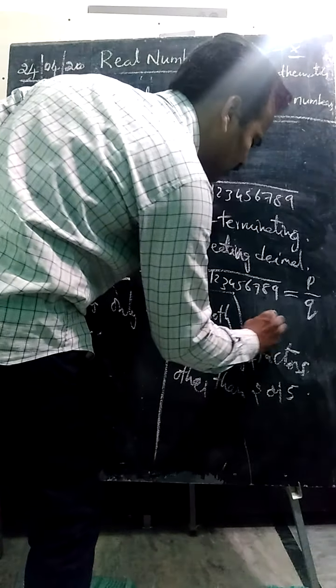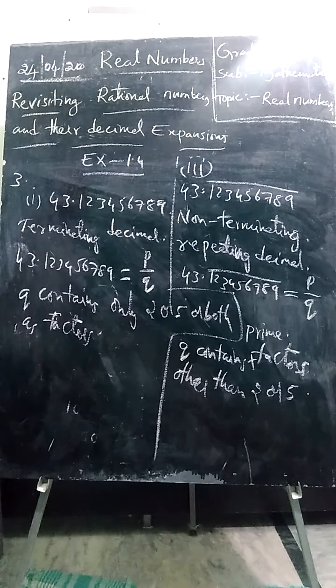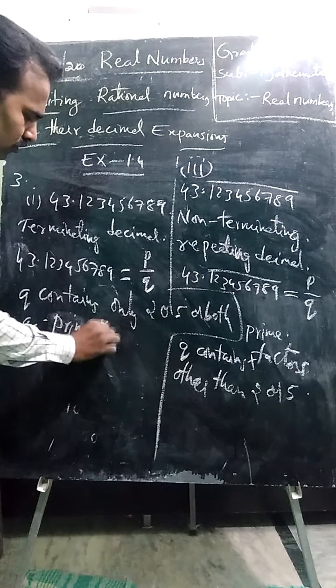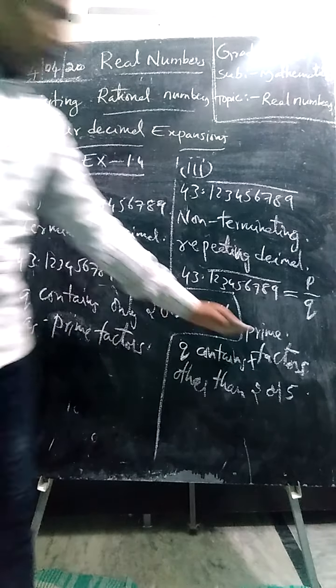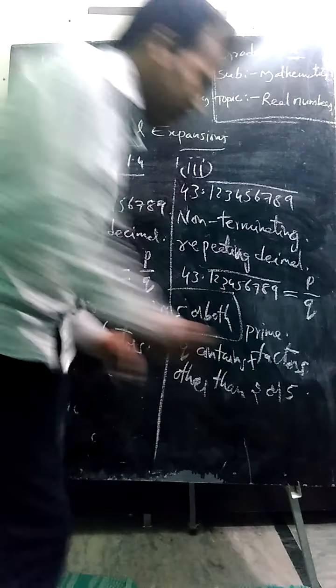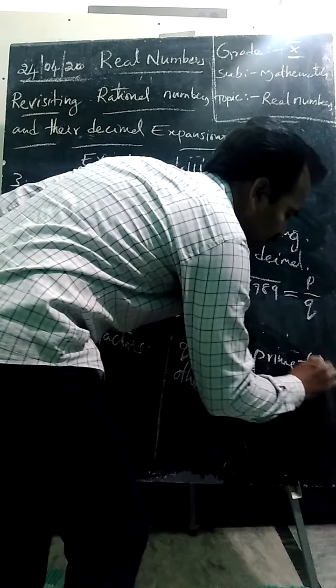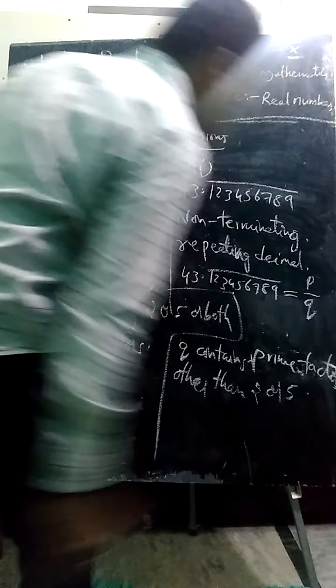Here it contains prime factors other than 2 or 5.